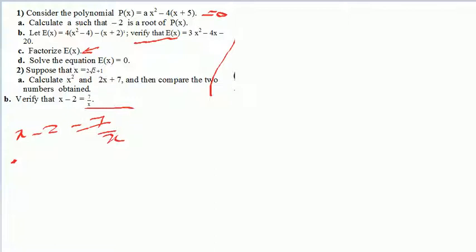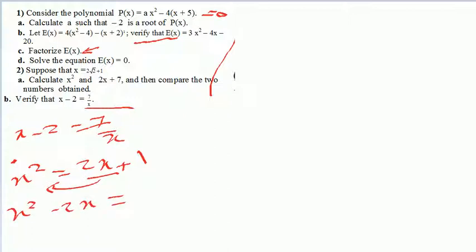When x is equal to 2 radical 2 plus 1, I know that x square is equal to 2x plus 7. We got the same value, remember? So I will take 2x from here to here. So x square minus 2x is equal to what? This is 7, okay? What does this mean?